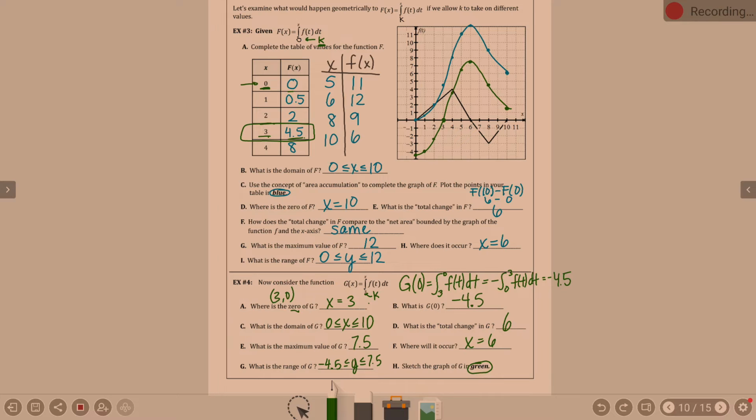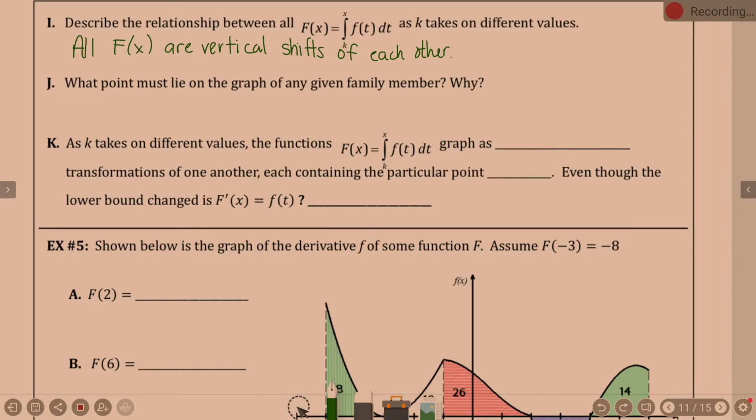If you put in x to be whatever k is, what's always going to happen? If your lower and upper bounds are the same, you're always going to have a result of 0, because the area from something to itself doesn't exist. So what point must always lie on the graph? I'm going to call that k comma 0, because whatever the matching k is, it will always give you 0.